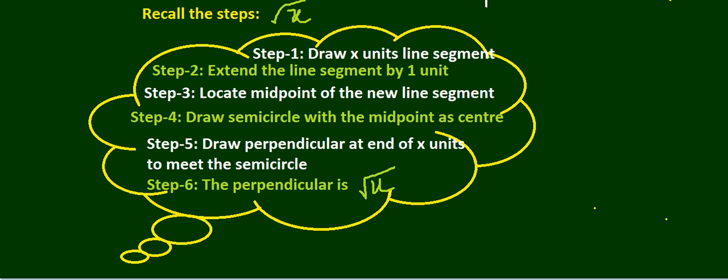What is step 1? Draw x units. It could be x centimeter, it could be x inches, anything that you want. You have to draw an x units line segment. Step 2 is extend the line segment by 1 unit. Whatever units you are using here, it should be the same unit.